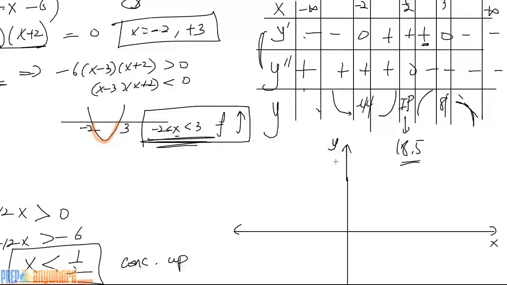So let's say at 3, so let's say that's about 3. We're all the way up at 81. Let's just say that's 81. At -2, and half will be right there. At half it's 18.5, so let's say about there is 18.5. -2 is -44, so let's say about there is -44.